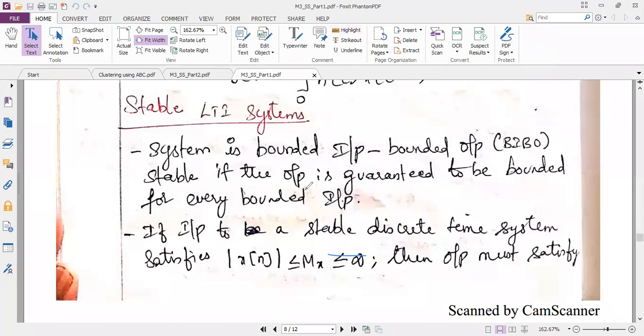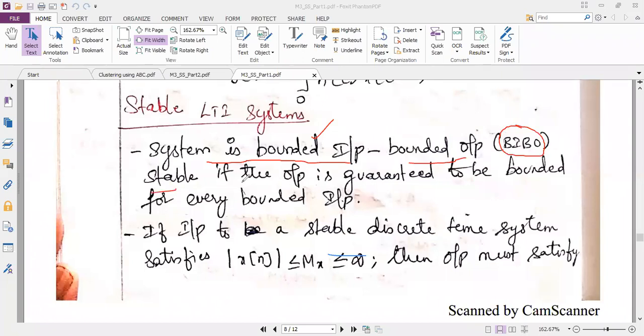Stable LTI systems. The definition is the same as in the previous module. The system is bounded input and bounded output. You know what bound is? Bound means within the range. It is limited. So I can say the LTI system is bounded input, bounded output. In short, we call it BIBO stable.